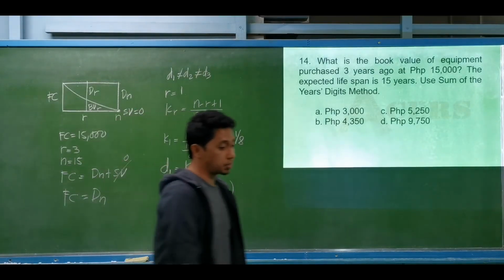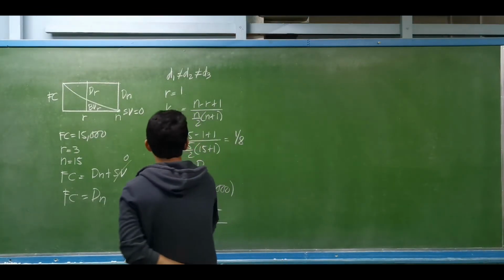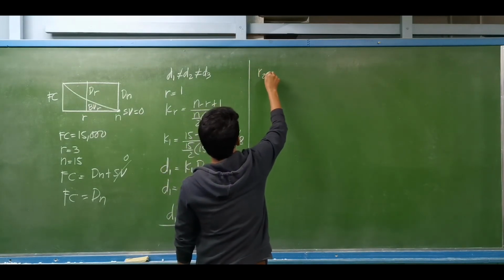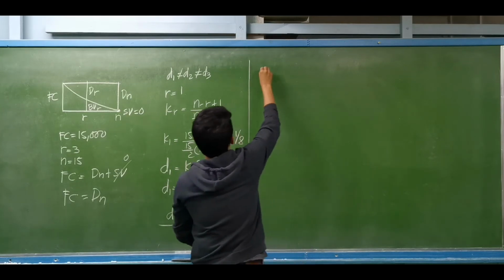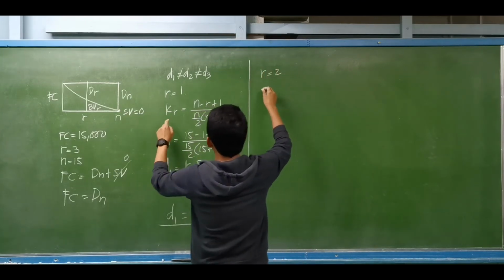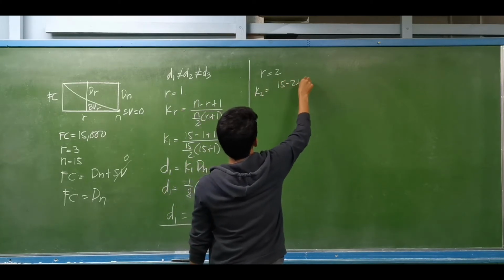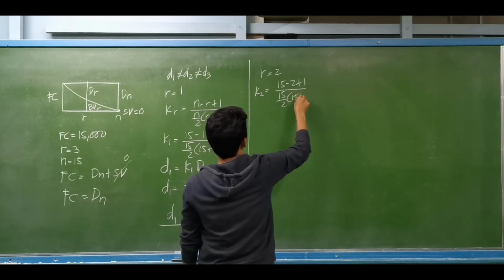So let's compute the depreciation on the other years. We have the next one at r equal to 2. On the second year, k sub 2 is equal to 15 minus 2 plus 1 divided by 15 over 2 times 15 plus 1.